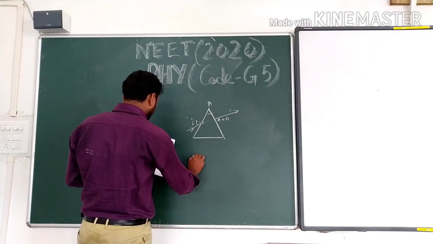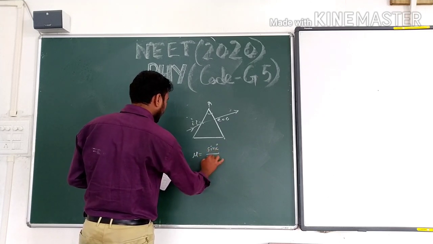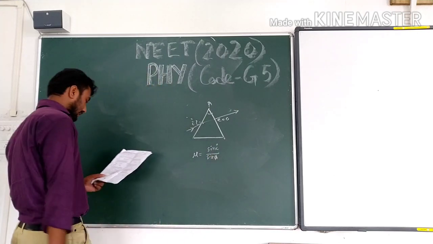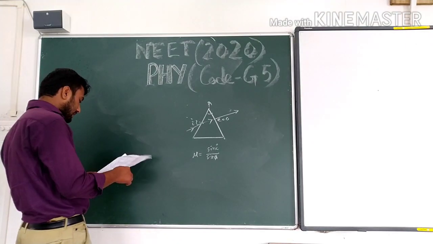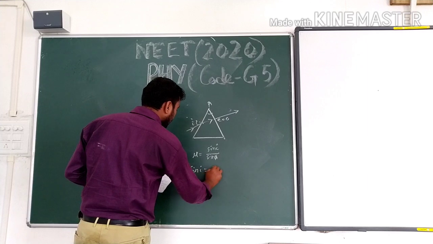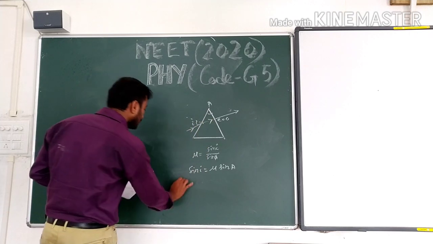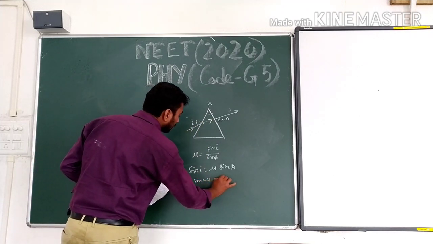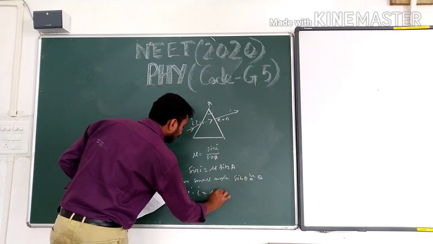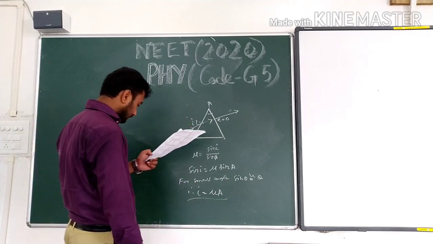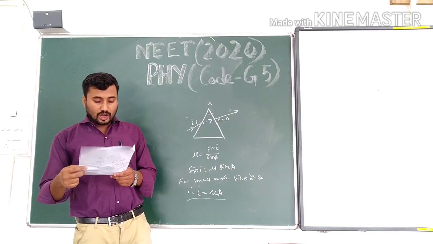In this case, you can write mu equals sin i by sin A. So sin i will be mu into sin A. For a small angle, sin theta is approximately theta. So therefore, i equals mu A. So option 2 is correct.